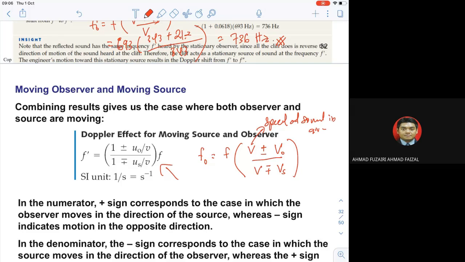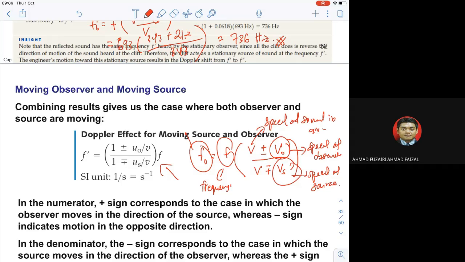Now the difference is when you have VO, the speed of observer, and this one is the speed of source, and this one is frequency. This one is observer's.